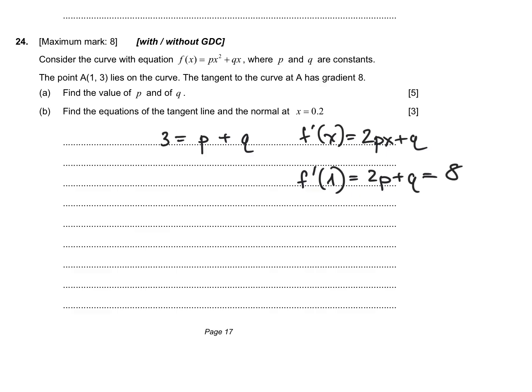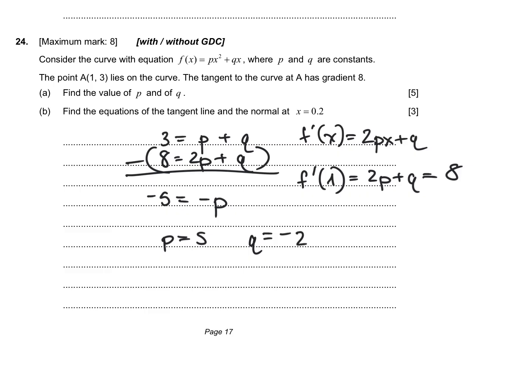So now we can put this here: 8 equals 2p plus q. Subtract, so we're going to have negative 5 equals negative p, and the q's cancel, so p is 5. Q is going to be negative 2 when you sub it into either one. I did it into that one.